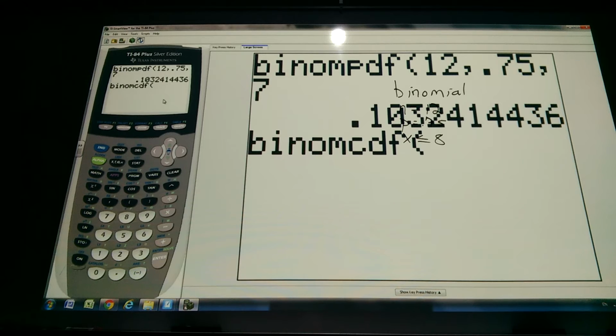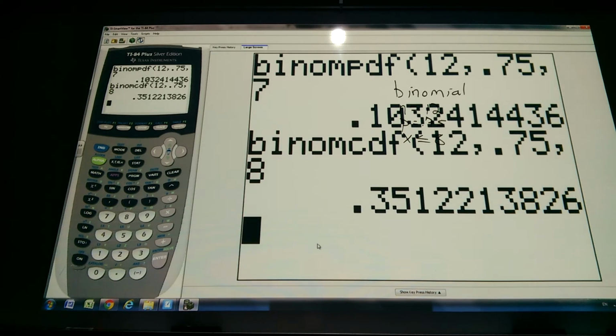So binomial CDF, we're going to do 12, and then 0.75, and then we're going to do 8 or less. So hit enter, and the probability that he makes 8 or less is 35%. Again, our calculator does something or less.